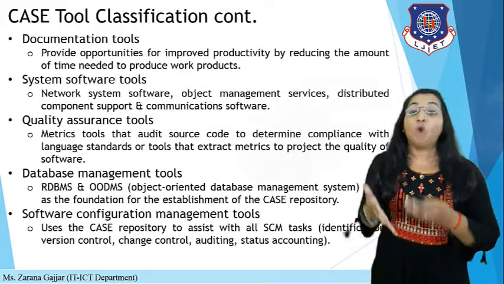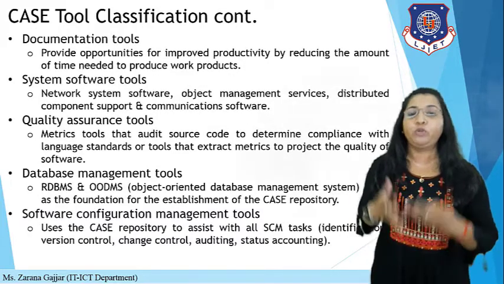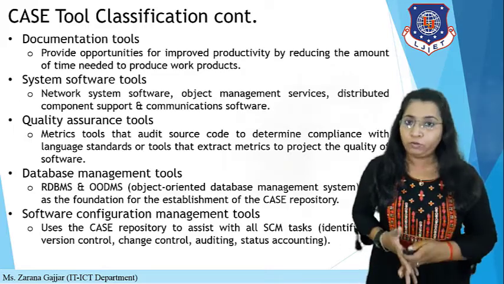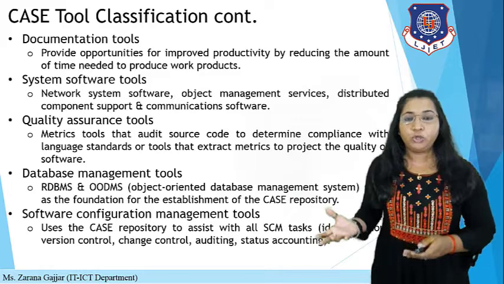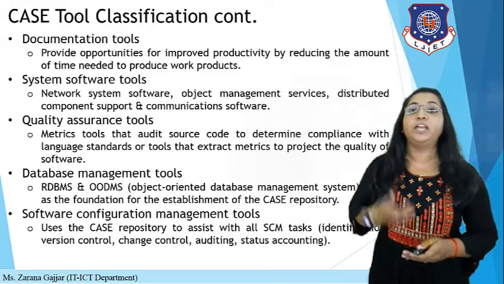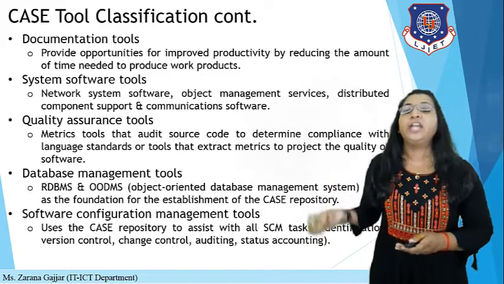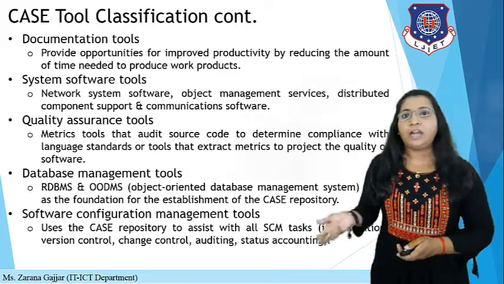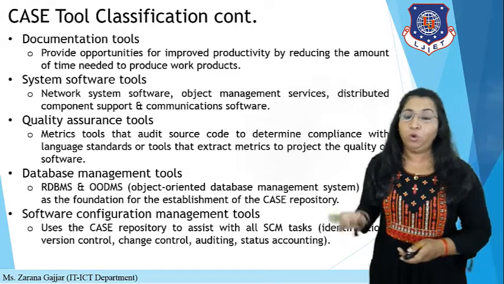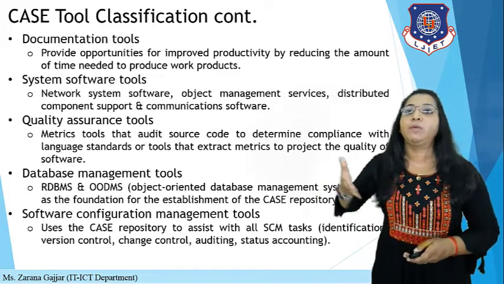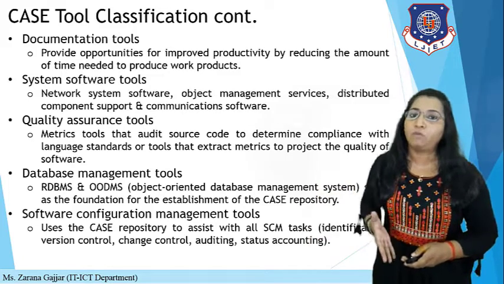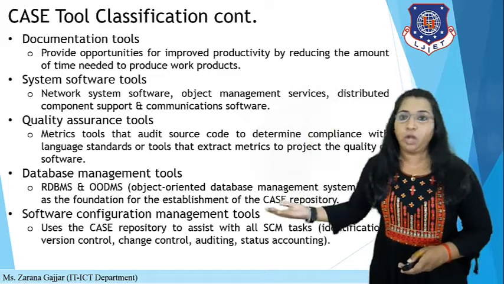Then another tool is the documentation tool. If you want to develop documentation for your software product, then you can use this particular tool. It provides an opportunity for improved productivity by reducing the amount of time needed to produce work products. Then another tool is the system software tool. Network system software, object management services, distributed component support and communication software are included in this tool.